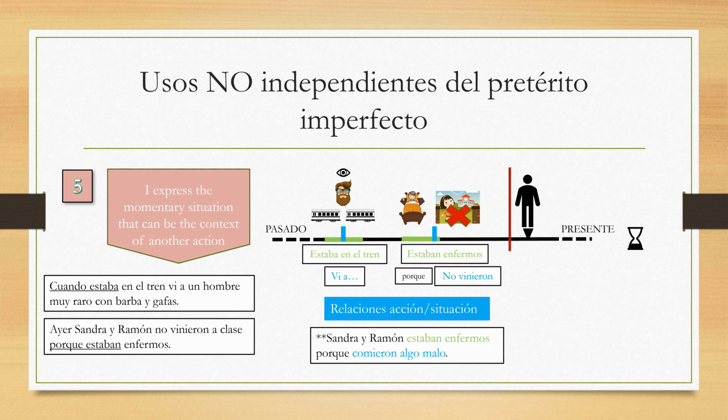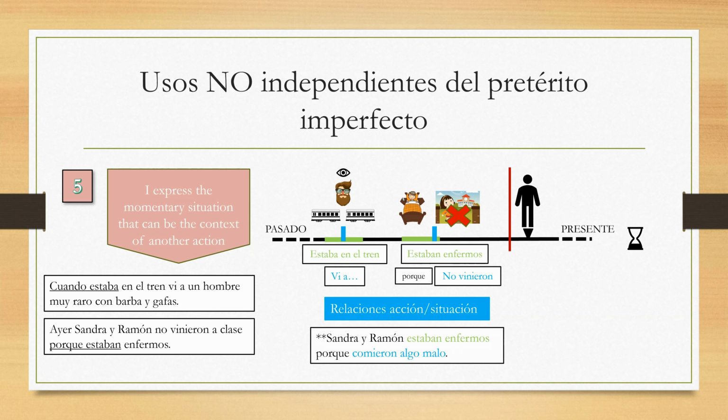Every time that I see por qué in the past, I'm going to use pretérito imperfecto, like the sentence. Ayer Sandra y Ramón no vinieron a clase porque estaban enfermos. But that's not true. It's not a relationship of one word, por qué. It's how we consider these things to be.